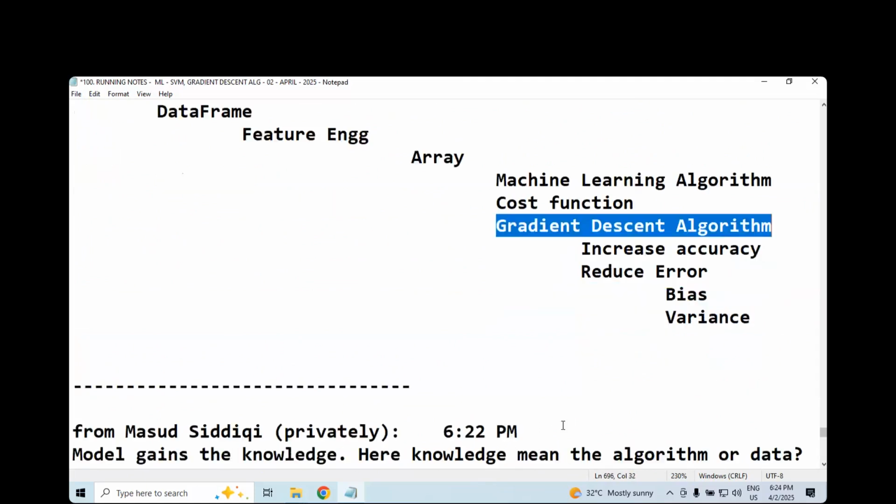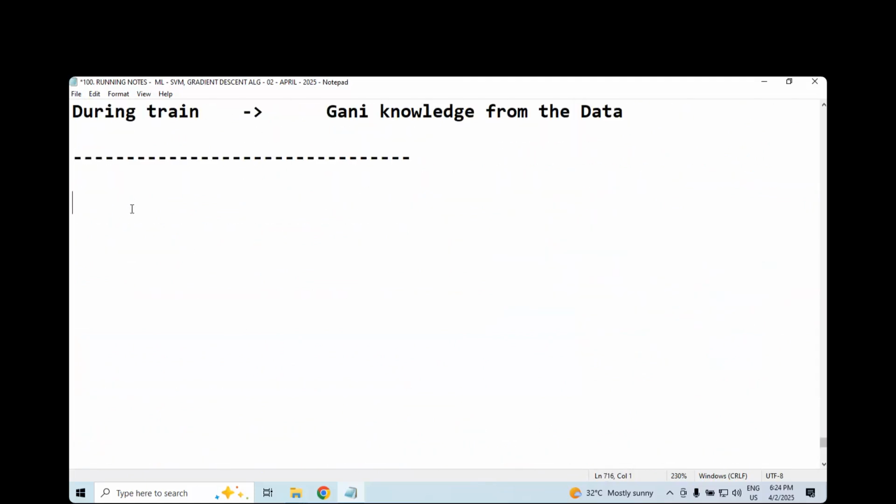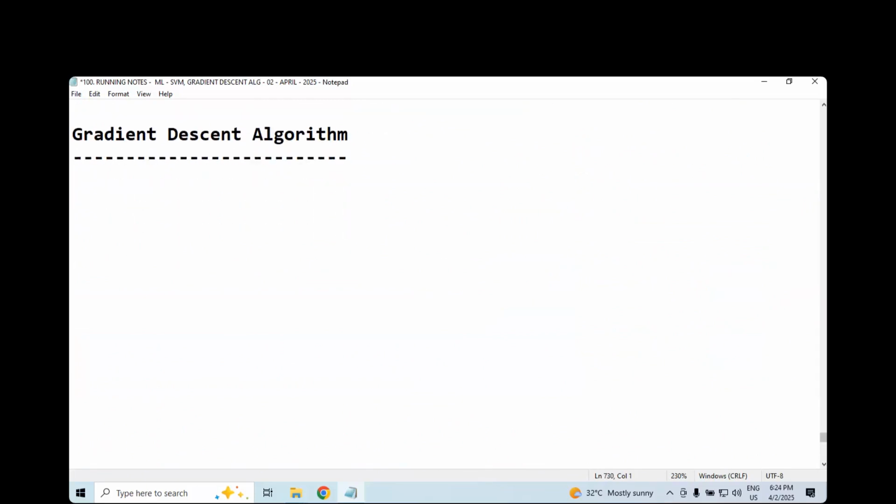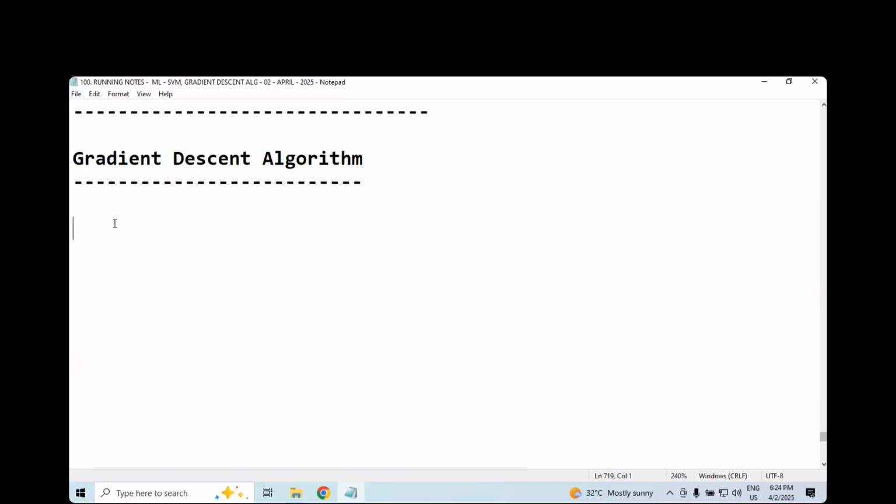Sir, gradient descent algorithm. Theory is important first. Get ready to understand. What is the theory? Point number one. The gradient descent algorithm will just try to initialize.